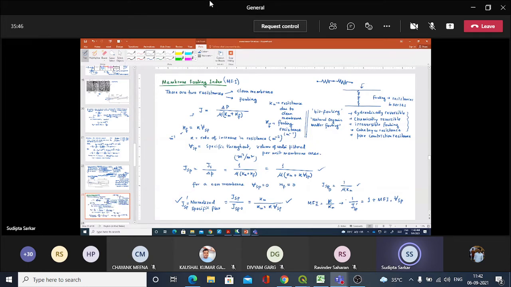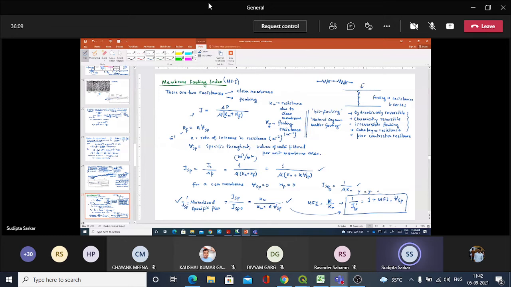So that it comes from this equation. Now you can see this is y equals mx plus c.